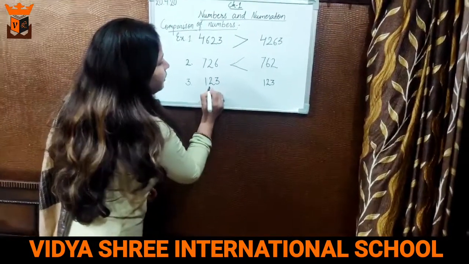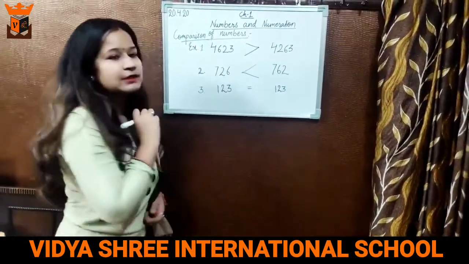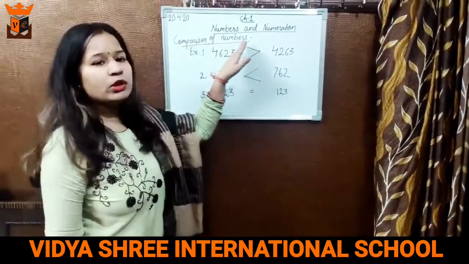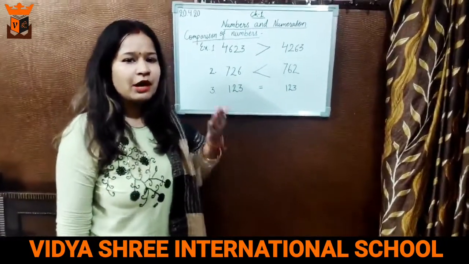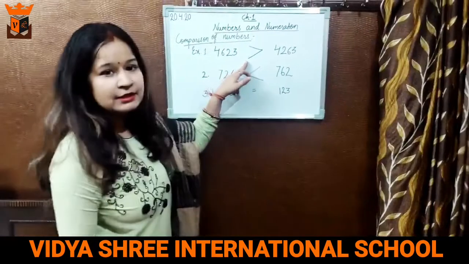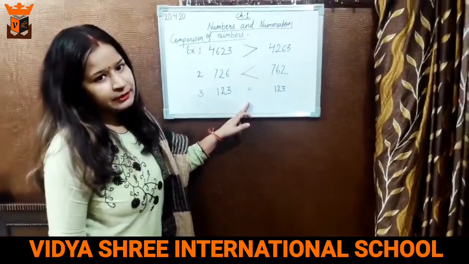So 123 is equal to 123. So we will put here the sign of is equal to. So when we compare two or more numbers, we have to keep in mind that we have to use the greater than sign, smaller than sign and is equal to sign.